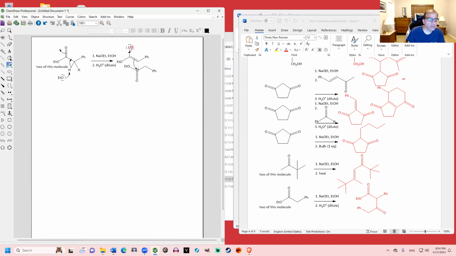So the double bond attacks the carbonyl carbon. We break the carbon-oxygen double bond. Actually, I'll use this molecule.